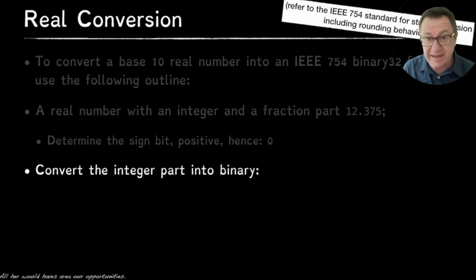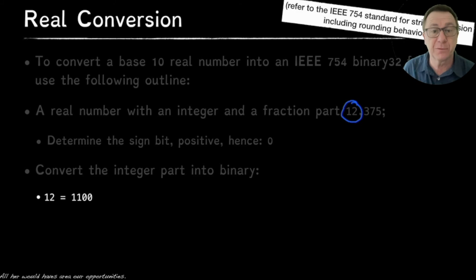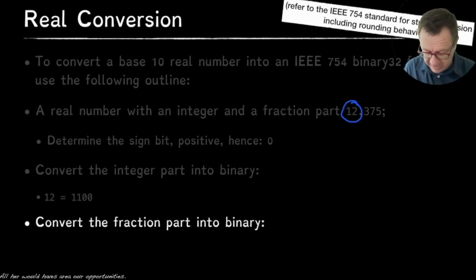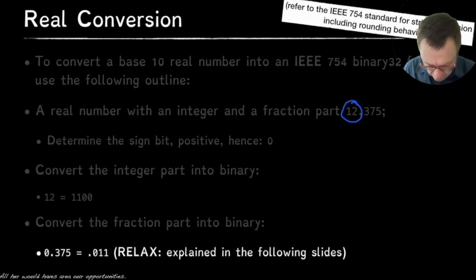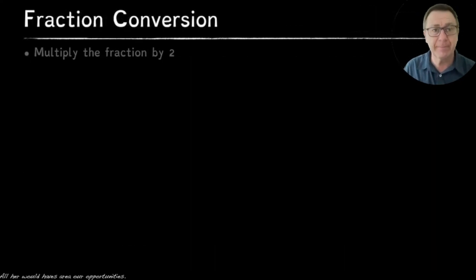We convert the integer part to binary, 12, which is 1100. And now we convert the fraction part into binary, okay? So 0.375 is 0.011. Simple. Let's see how we got to it. So we multiply the fraction by 2.